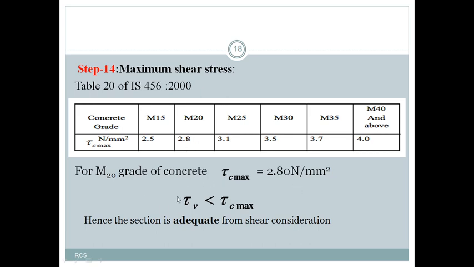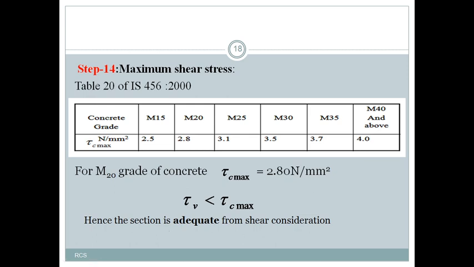If you compare the nominal shear stress and the maximum shear stress, our nominal shear stress is less than the maximum shear stress. So we can say that our section is adequate from the shear consideration. That means we can provide the shear reinforcement.